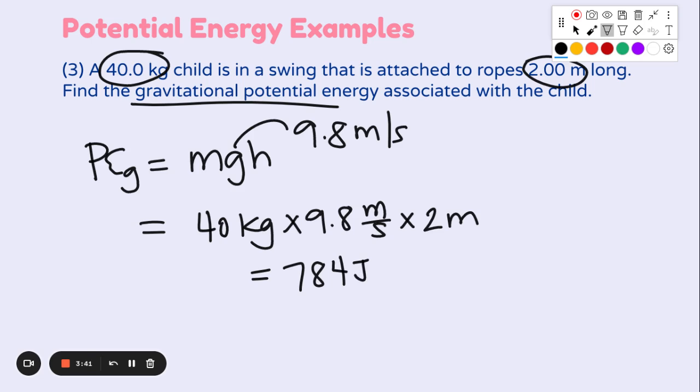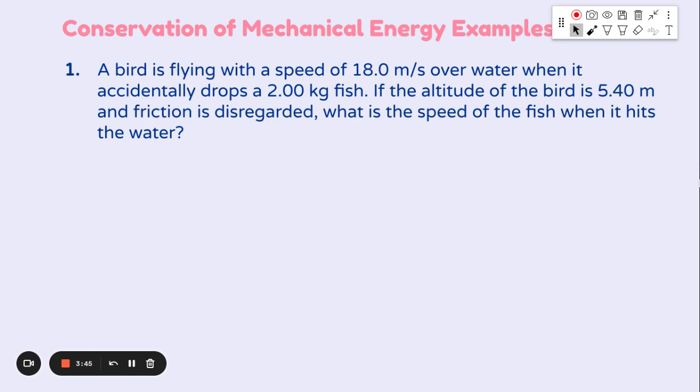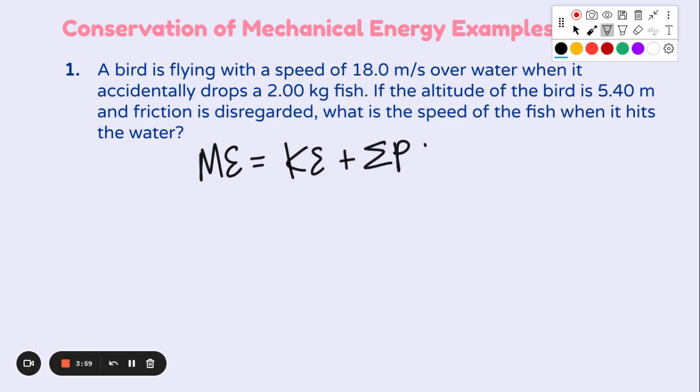All right, let's talk about conservation of mechanical energy. Conservation of mechanical energy tells us that your mechanical energy value is equal to your kinetic energy values plus the sum of your potential energy values. That could be gravitational, elastic, any potential energy you have.